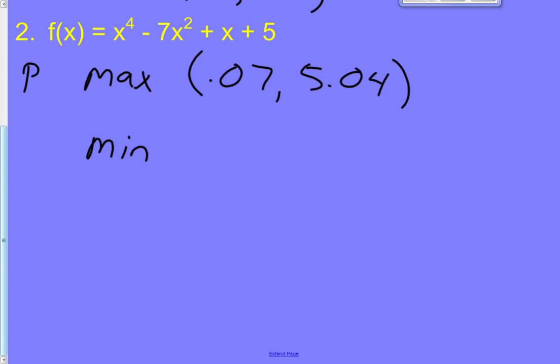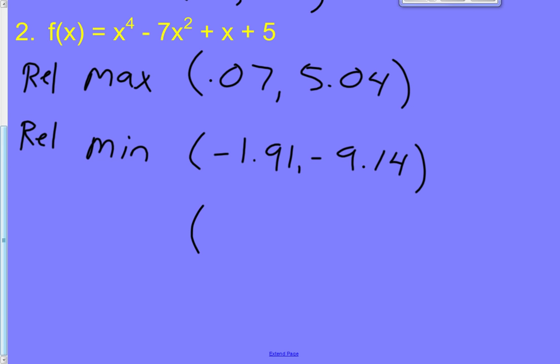So your relative minimums should have had one of them at negative 1.91 and negative 9.14. That should have been one of those ordered pairs. And the other one should have been at 1.83 and negative 5.4.